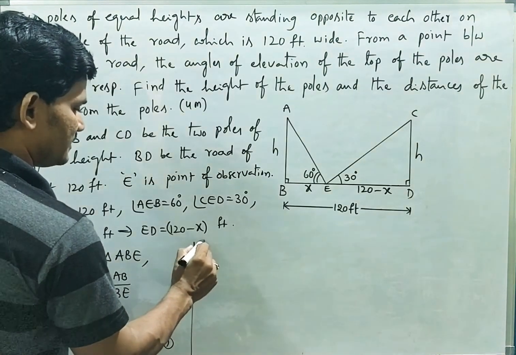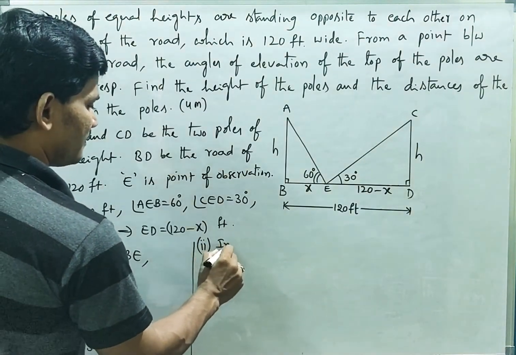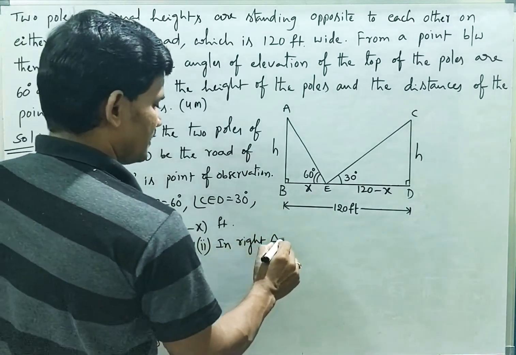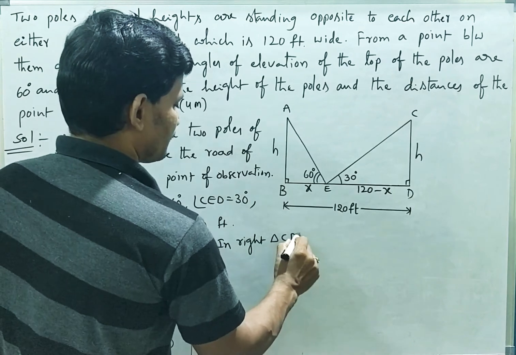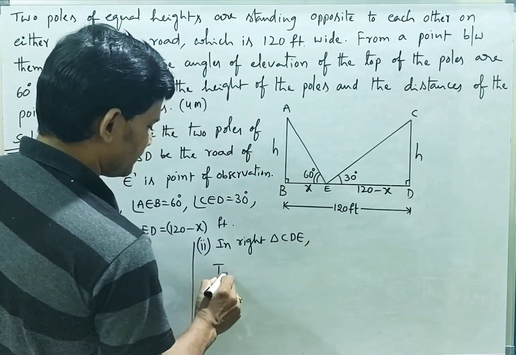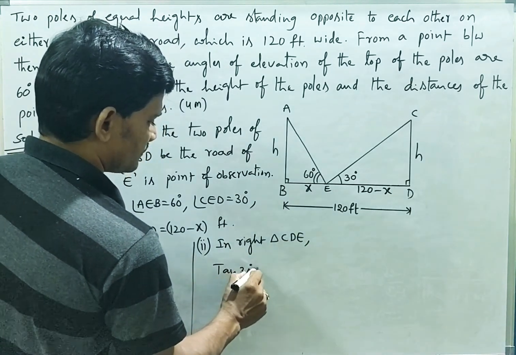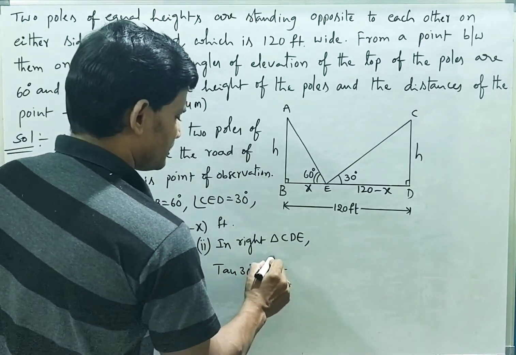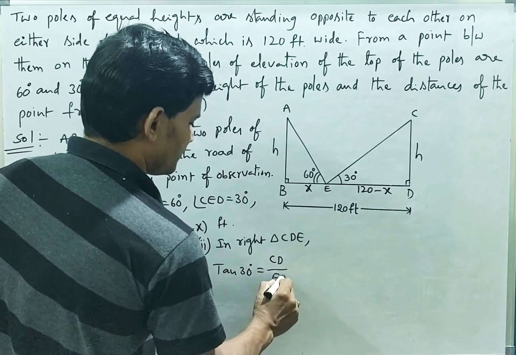Next, take the second right triangle. In right triangle CDE, tan 30 degrees is equal to opposite side CD over this side ED.